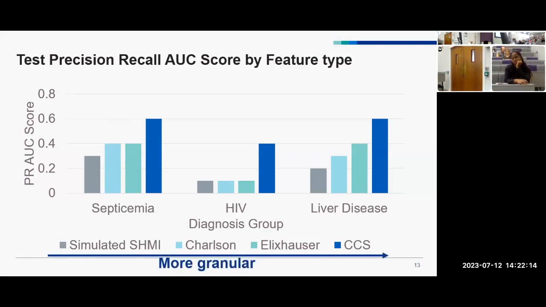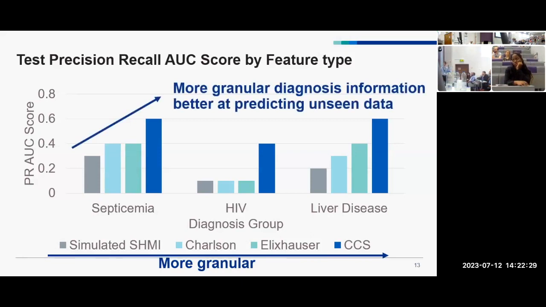As we move from the modified Charlson index to these different grouping methodologies, it gets more granular, with more features associated with diagnosis. And as we became more granular, the precision recall area under the curve score of the models became higher, in some cases with massive leaps up. This wasn't just the case for these three groups; it was the case for every group that I looked at out of 142.